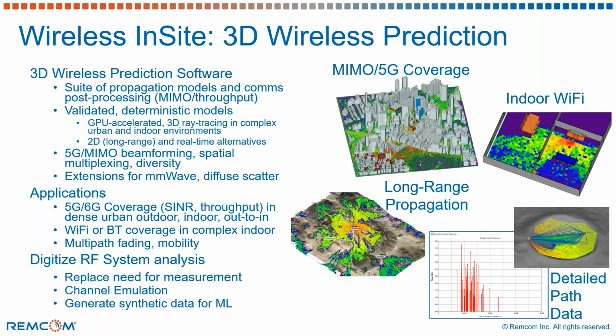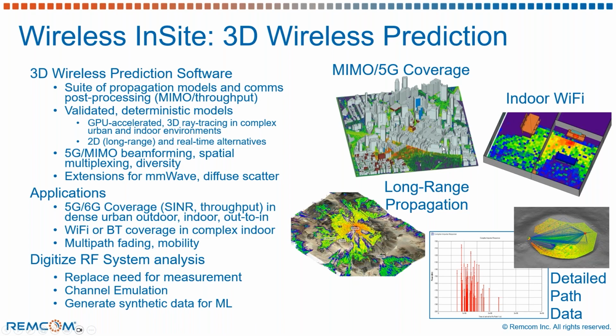and realistically models the material properties, including diffuse scatter up through millimeter wave. Outputs include detailed path data, CIR, complex impulse response, etc. The path data can be used for channel emulation, for synthetic data, for machine learning, many applications.